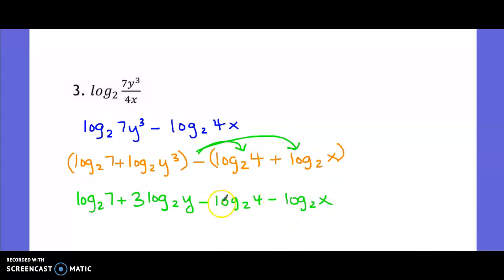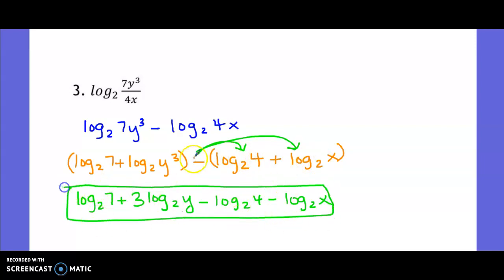This is to show that both of these are in the denominator. They're both subtraction, but these two are being multiplied because they're both in the denominator. So make sure if there are multiple down here, you put in parentheses. That way you don't forget that they're both negative.